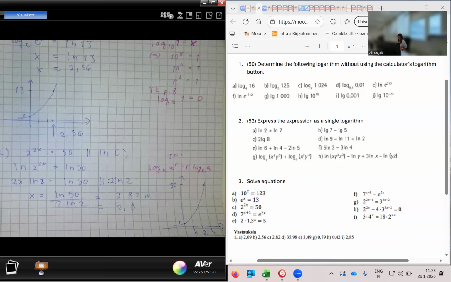For next week, we still have the written exercises, where you have to make the equation yourself and then solve it, about sound, pH, and exponential growth.